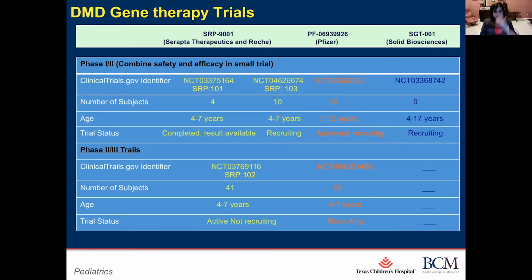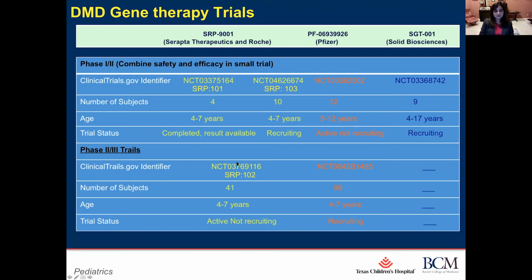The primary endpoint was safety and tolerability, and a secondary endpoint was microdystrophin expression, which showed a very positive result of more than 90% expression of microdystrophin in these patients. Even the time function test and the NSAA score showed greater than 6-point improvement over 12 months. So it was a very promising result with the phase 1 trial.